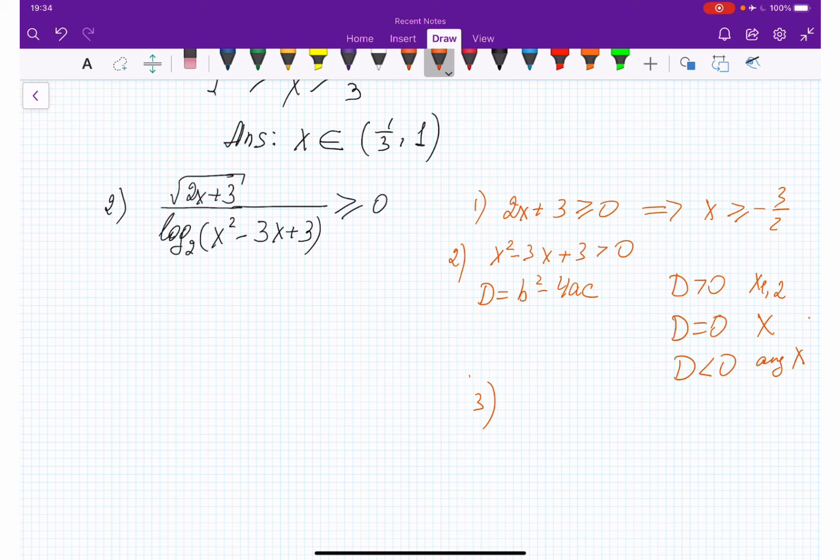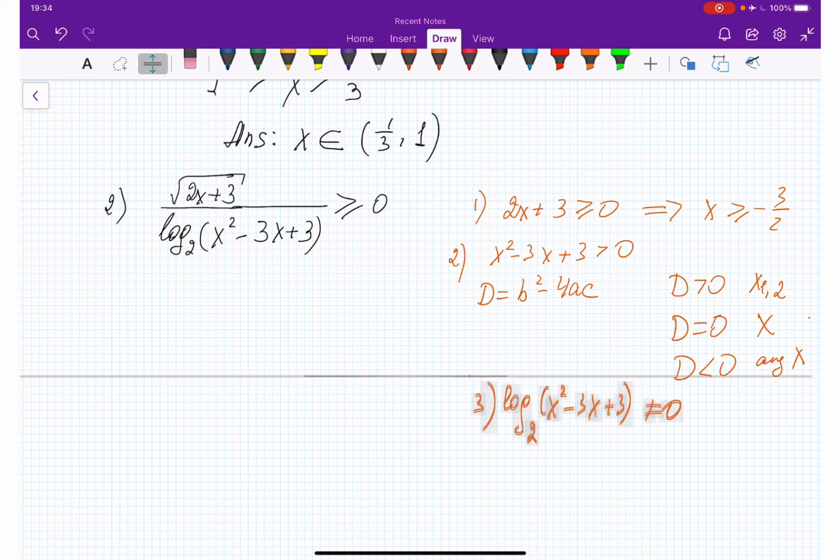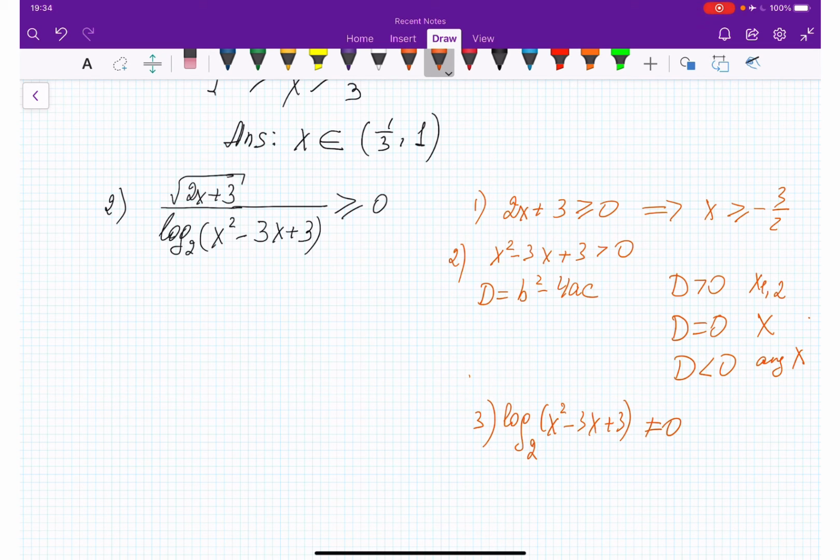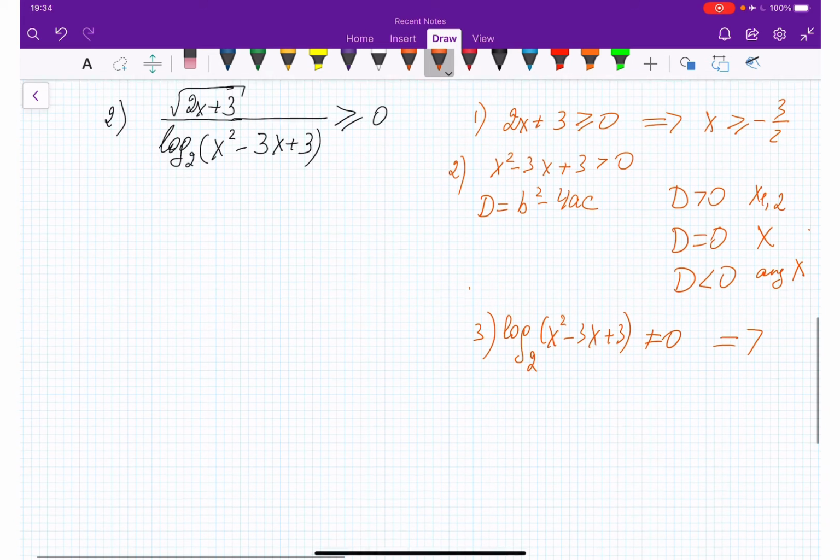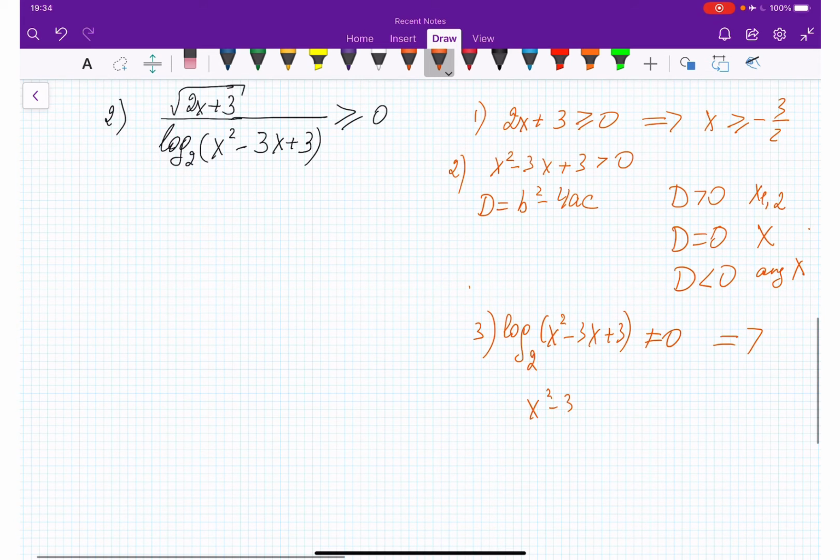The third condition is we have to make sure that the logarithm in the denominator is not 0, right? So logarithm of x squared minus 3x plus 3 by base 2 cannot be equal 0, which means x squared minus 3x plus 3 cannot be equal 1, right? Because 2 to power 0 is equal 1.